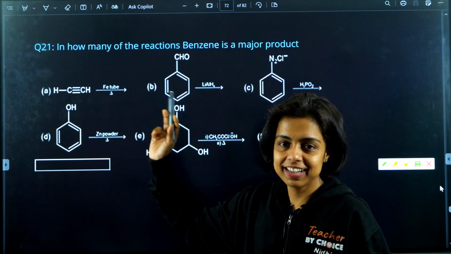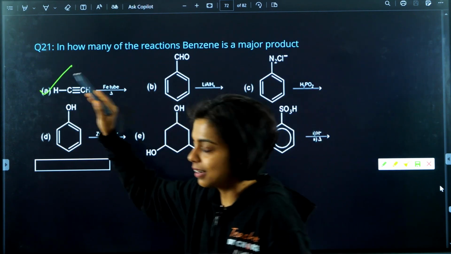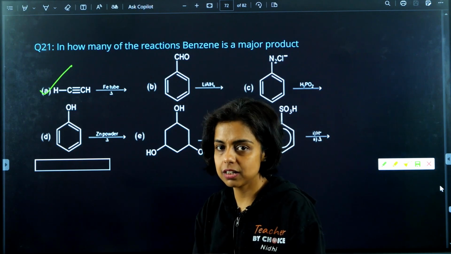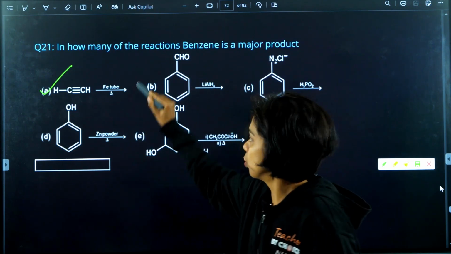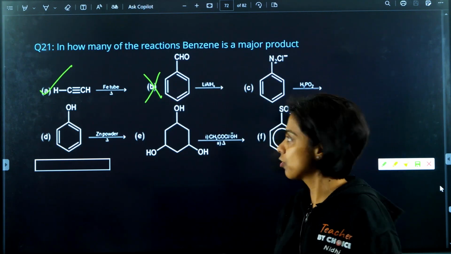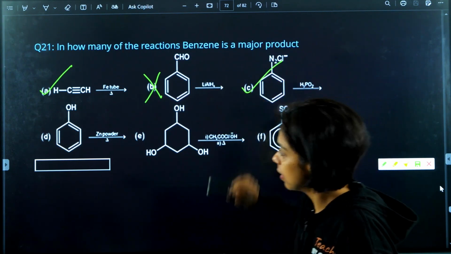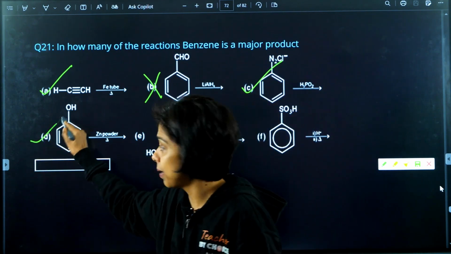Acetylene, red hot iron tube, trimerization, it will give benzene ring, written in NCERT reaction, very important. It's already there in the previous JEE Mains. Okay, no, it will form CHO, no. It will not give benzene, the reduction can happen. Diazonium salt, of course, with H3PO2 forms benzene. Yes, from phenol, benzene can be formed by using zinc powder, reduction by zinc powder.